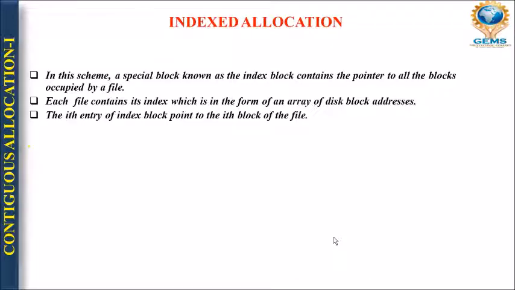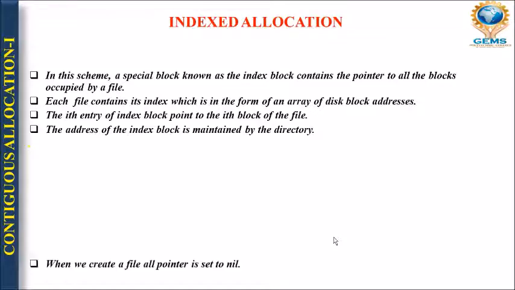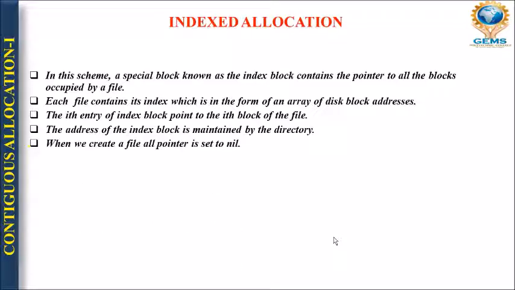The ith entry of the index points to the ith block of the file. This is very important, right? Okay, fine. The address of the index block is maintained by the directory. Who is responsible for maintaining all these indexes? It is the directory, which is also known as folders in Windows. When we create a file, all the pointers are set to null.